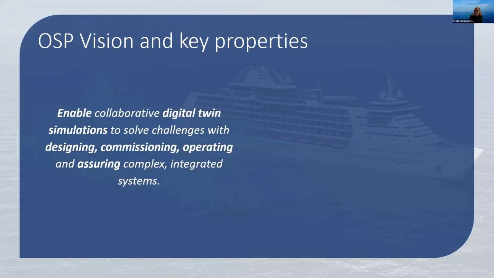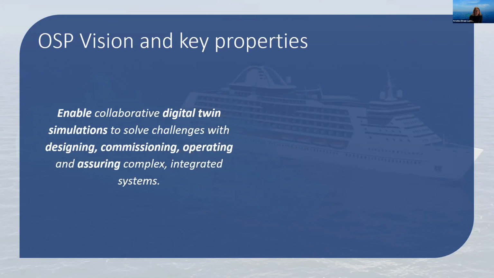To summarize, the vision of the OSP project is to enable collaborative digital twin simulations to solve challenges within design, commissioning, operating, and assuring complex integrated systems. Typically what we mean by these systems is where you have multiple suppliers delivering components, sensors, and software that should be able to operate together.